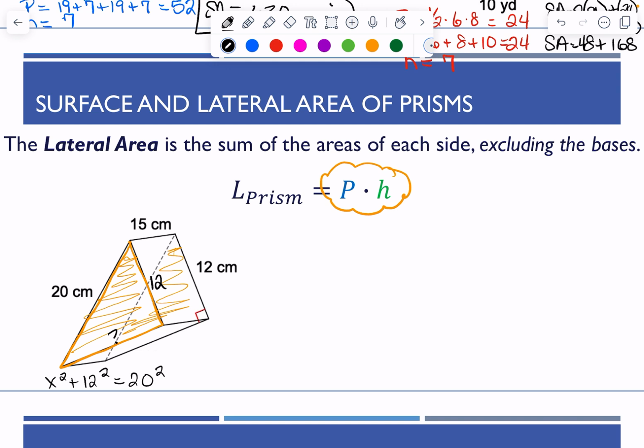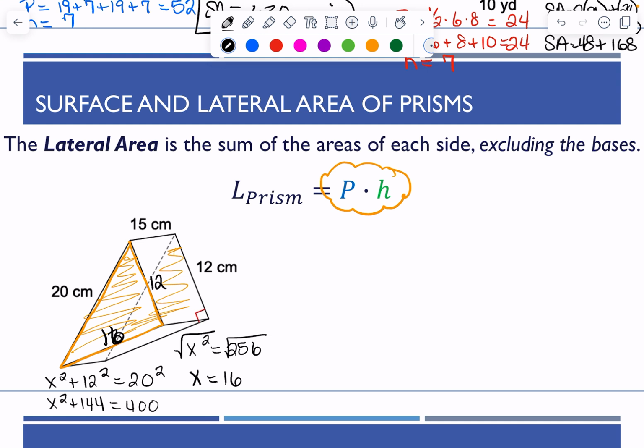So x squared plus 144 equals 400. I subtract, so x squared is equal to 256. I take the square root of that, and x is equal to 16. So that triangle has sides of 12, 16, and 20.